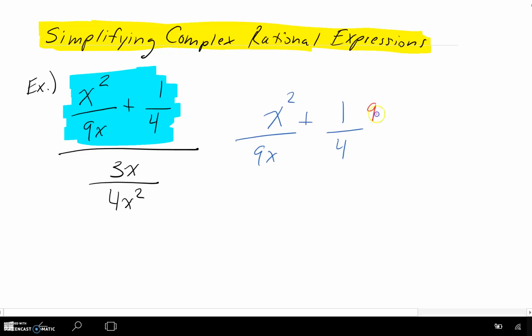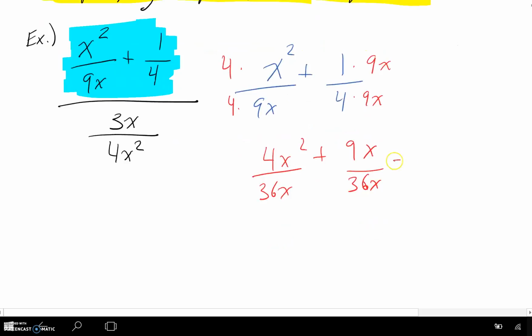I would have to multiply this by 9x, multiply that by 9x to find a common denominator. This we'd multiply by 4, this we'd multiply by 4 for our common denominators. This gives us 4x squared plus 9x all over 36x, which we can combine to 4x squared plus 9x all over 36x.